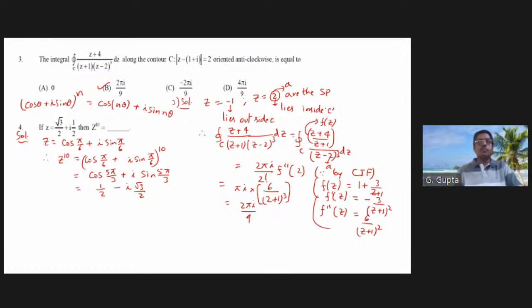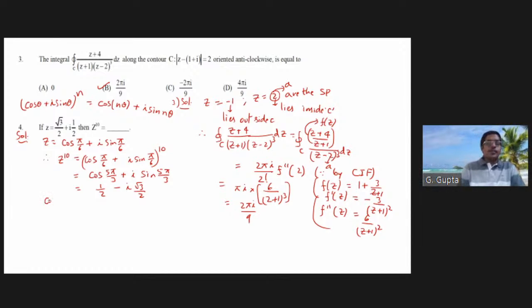You can later check by the direct method: z square, z power 4, then z power 8, multiplied with z square. In 4 steps, you will be getting the answer, half minus I times root 3 by 2. Or cos 360 minus theta is cos theta, and sin 360 minus theta is minus sin theta.